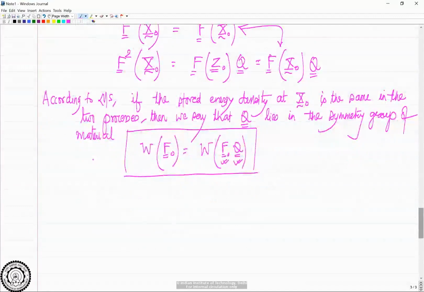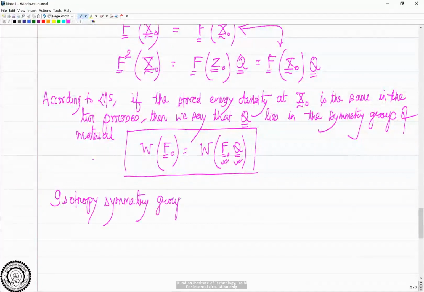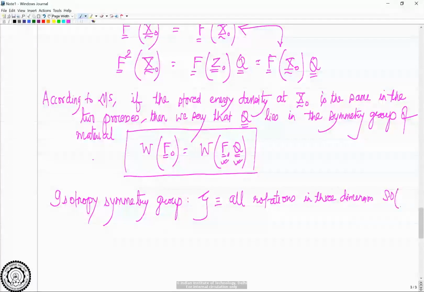And then you can define the isotropy group. So for the isotropy symmetry group, let us say I call it G. This is all rotations in 3 dimensions, or it is the entire SO3.